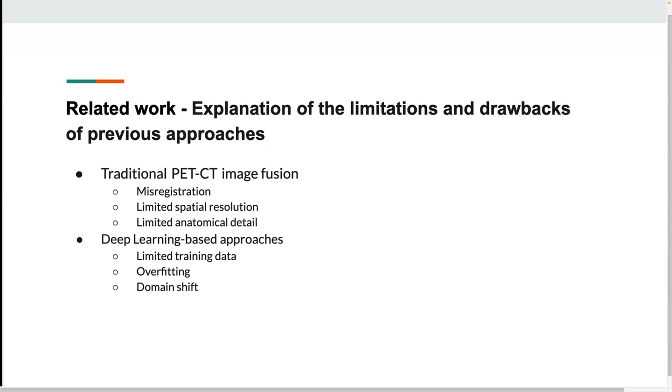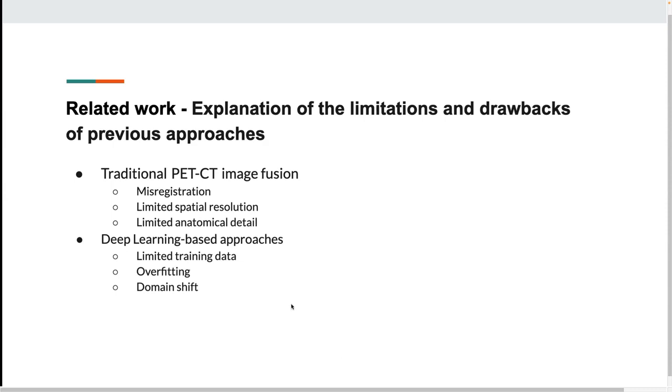The traditional PET-CT image fusion method relies on anatomical information from the CT image to guide the interpretation of the PET image. However, the problem is that the limited spatial resolution and other factors can affect the accuracy of anatomical information in the CT images.